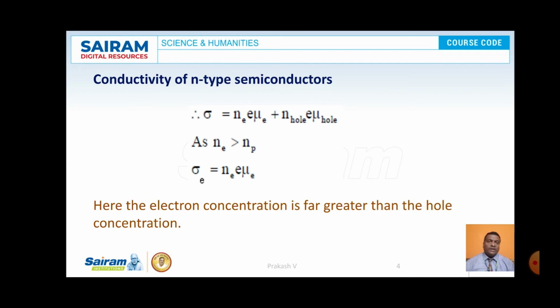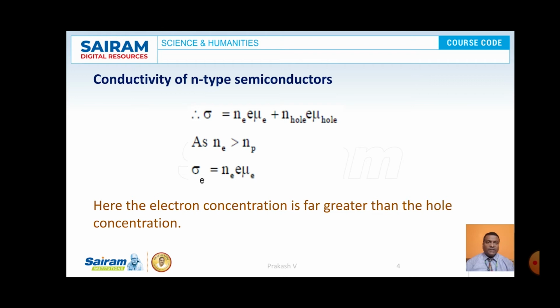Suppose a semiconducting material is added with some impurity, then it is considered an extrinsic semiconductor. If a tetravalent semiconducting material is doped with a pentavalent impurity, then it turns into an n-type semiconductor. In an n-type semiconductor, electrons are majority charge carriers and holes are minority charge carriers.